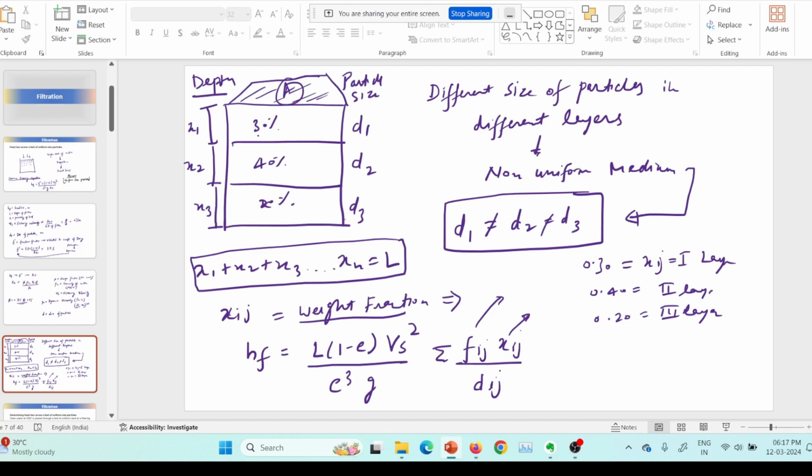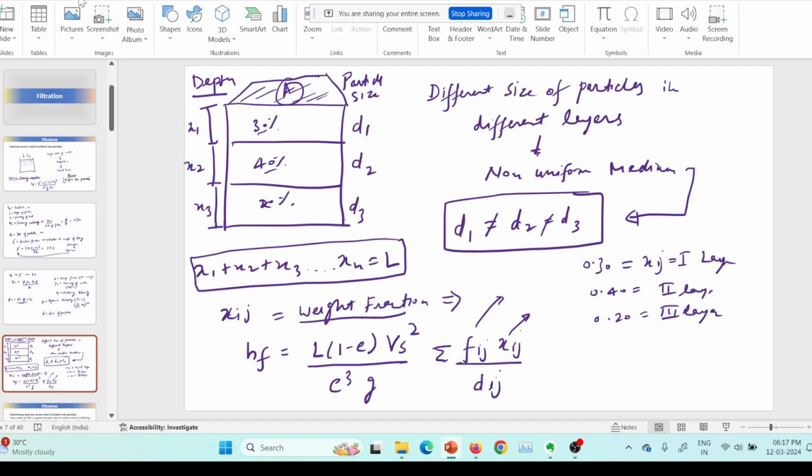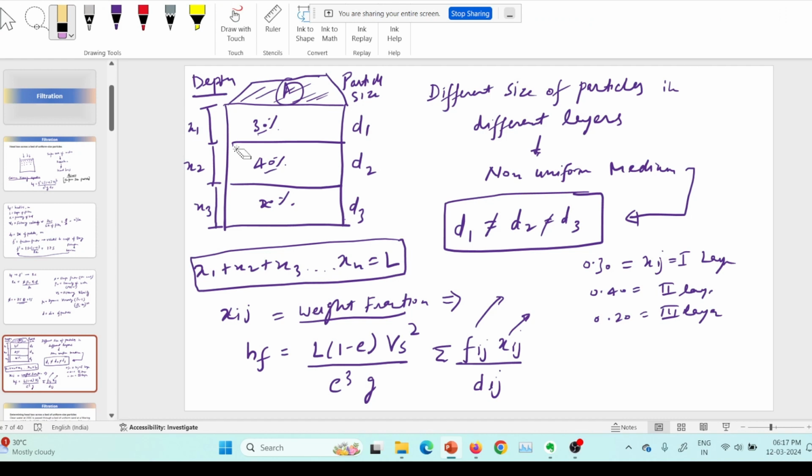This is calculated using sieve analysis, which you might have studied in soil, and it can be done simply. How it can be done? Let's see.